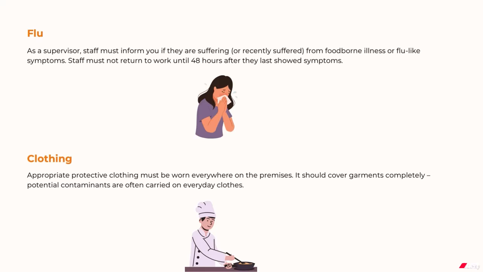Staff must not return to work until 48 hours after they last showed symptoms. Clothing. Appropriate protective clothing must be worn everywhere on the premises. It should cover garments completely. Potential contaminants are often carried on everyday clothes.